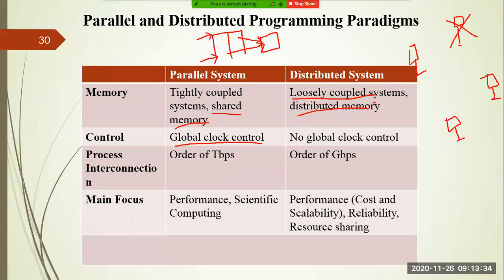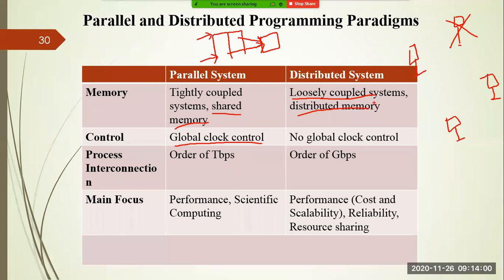If you come to process interconnections, a parallel system can run work at terabytes per second. The big works can be done with the help of a parallel system. But a distributed system is on the order of GBPS, gigabits per second. And the main focus for a parallel system is performance.